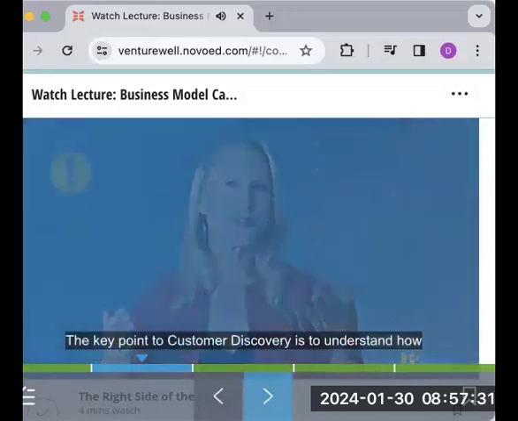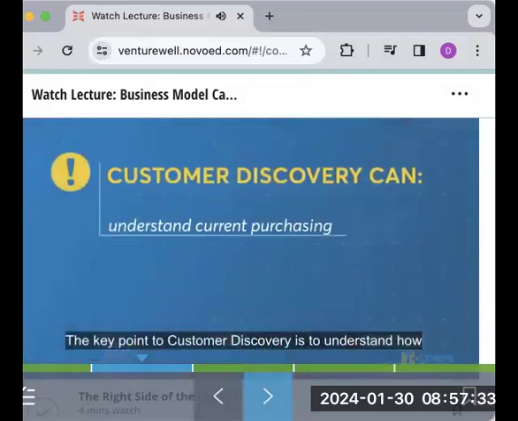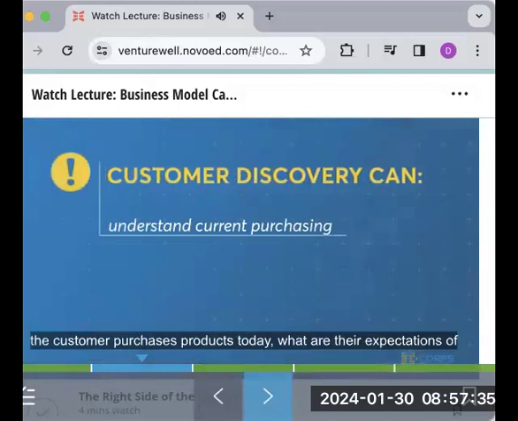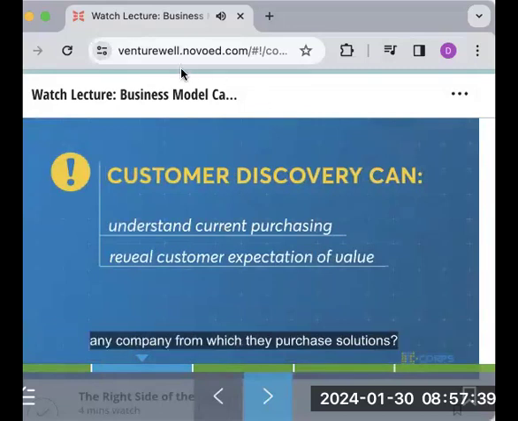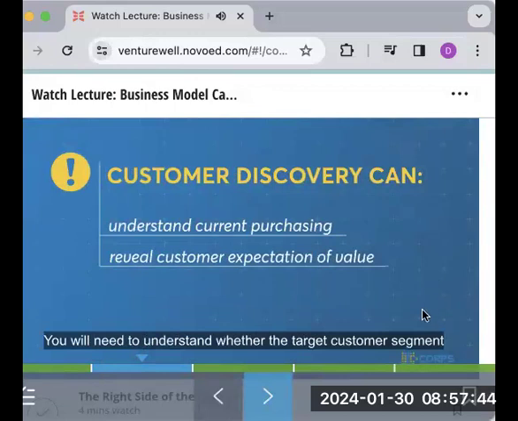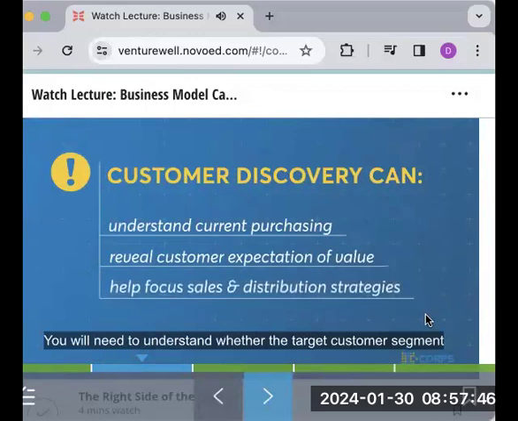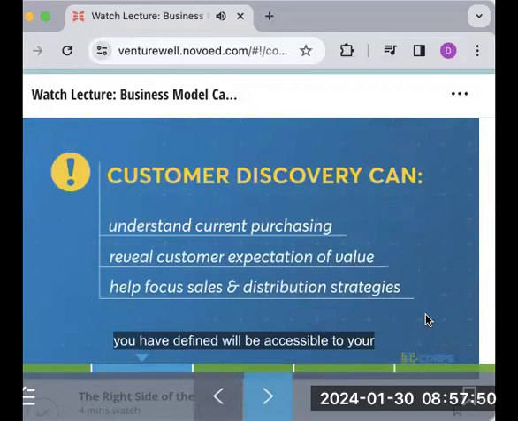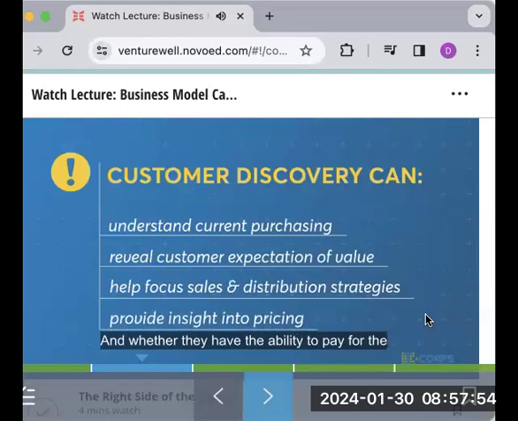The key point to customer discovery is to understand how the customer purchases products today. What are their expectations of any company from which they purchase solutions? You will need to understand whether the target customer segment you have defined will be accessible to your chosen sales and distribution strategy, and whether they have the ability to pay for the value of your offering.